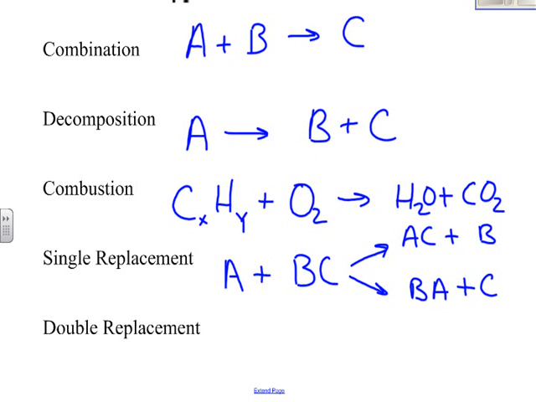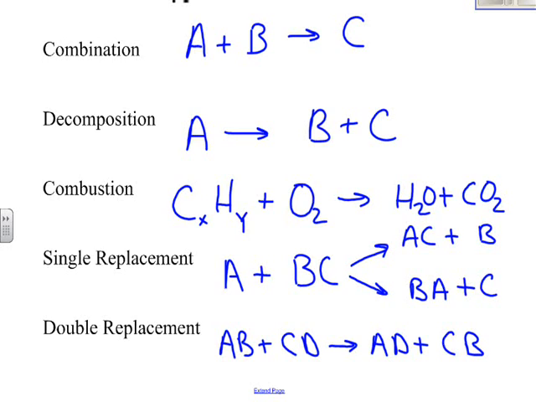And then the other main category of reactions that we have is a double replacement, in which case the cation and anion combinations switch. And usually one of those products is either water, a gas, or a solid.